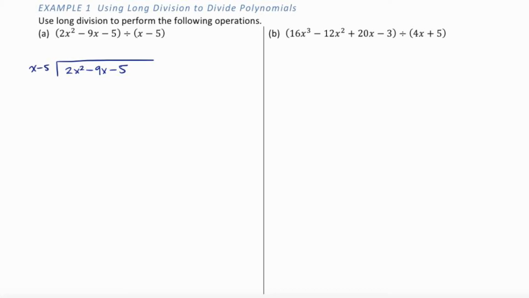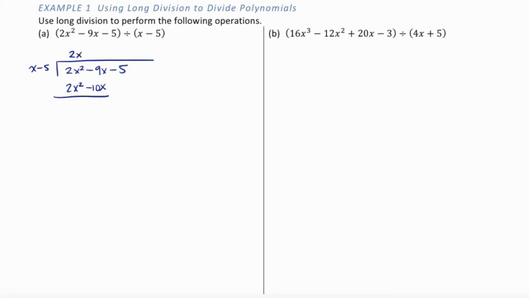How many times does x minus 5 divide this 2x squared? Let's just look at this leading coefficient. What times x will give me 2x squared? 2x. 2x times x is 2x squared. 2x times negative 5 is negative 10x.